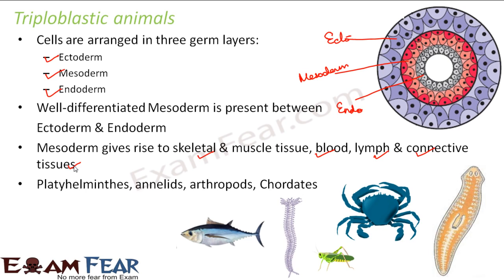And mesoderm will form skeletal and muscle tissue, connective tissues, lymph, blood, etc. Now you understand the arrangement of the germ layers during embryonic growth. This was our next basis of classification. Based on this, we could classify some animals as diploblastic, whereas some other animals as triploblastic.